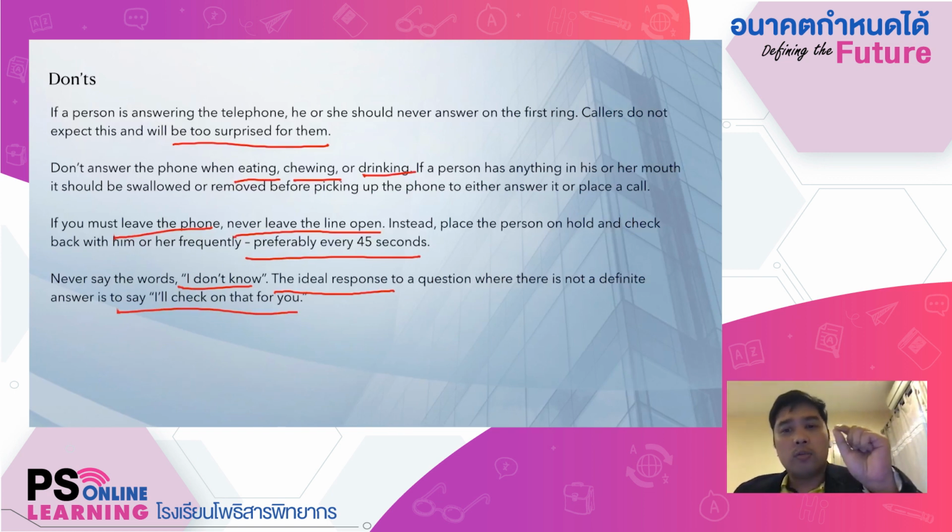So be sure that you are saying, I'll check on that for you. If you don't know the information, never say I don't know. I don't know is a rejection that you are not helping them. Try to use the phrase, I'll check that for you.